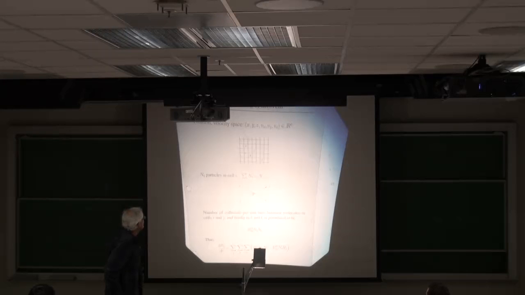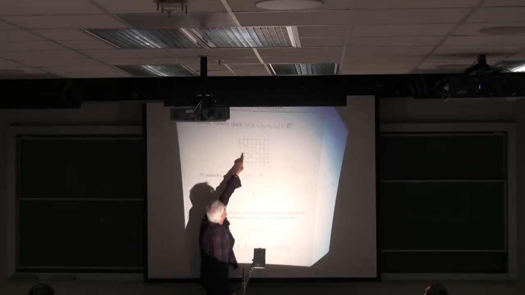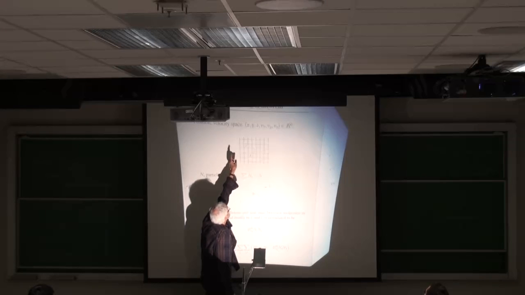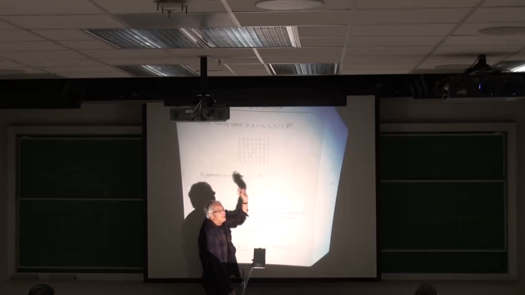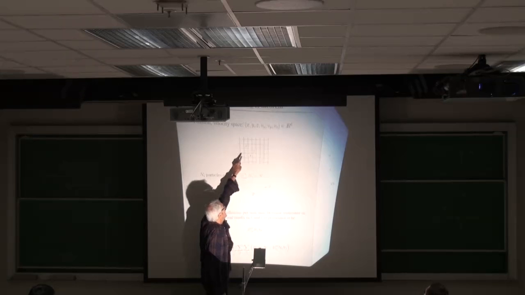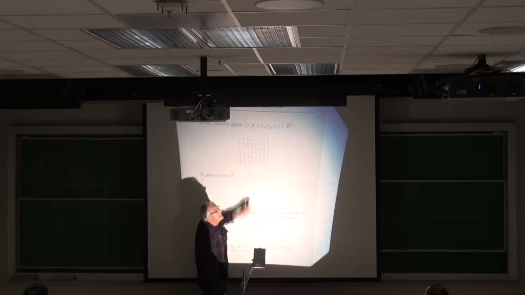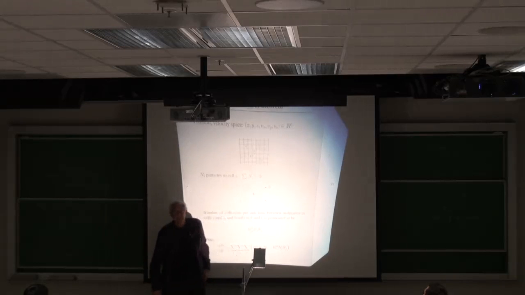Now we coarse grain the space, and so cell i is x, y, z, v, position and velocity within epsilon. That's the cell. And n sub i is the number of atoms in that cell.